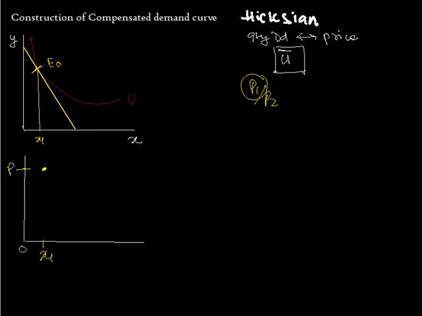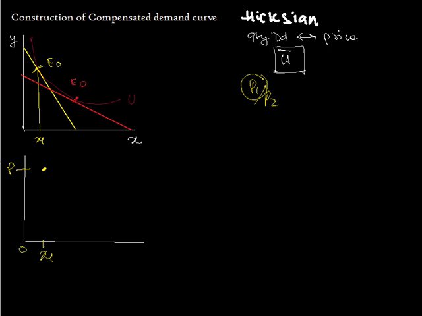Now let us change the budget but keep the utility constant. Somewhat like this. So we have changed the budget, but we have kept the utility constant. So this is the new point, say E1. Clear?